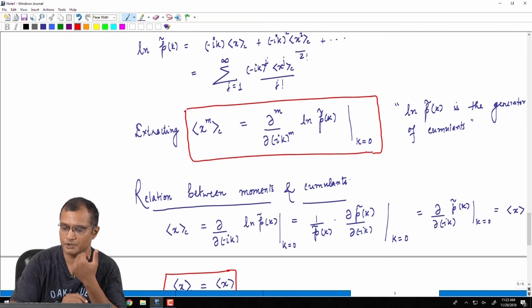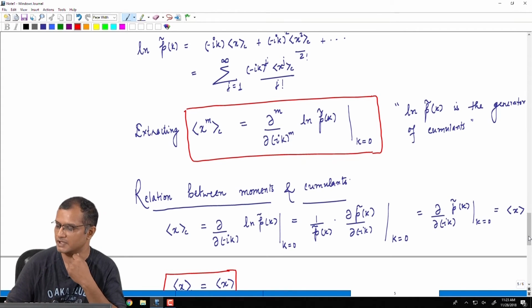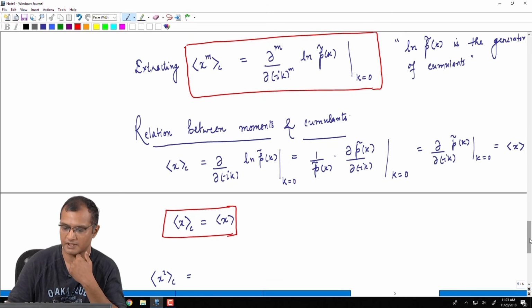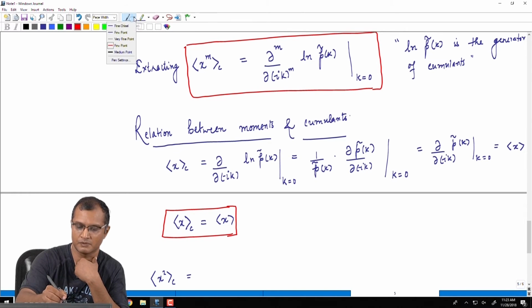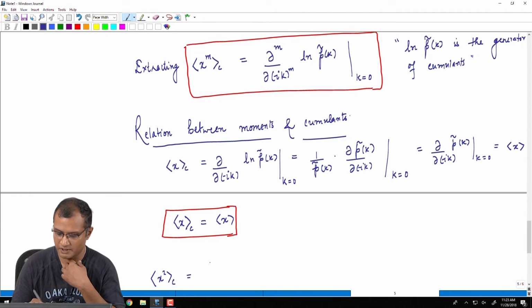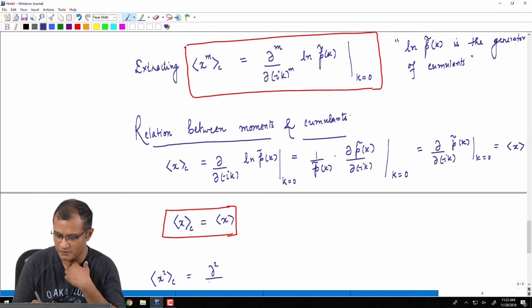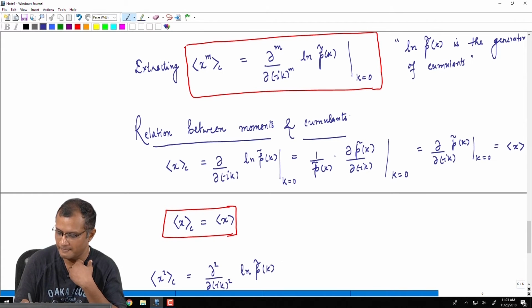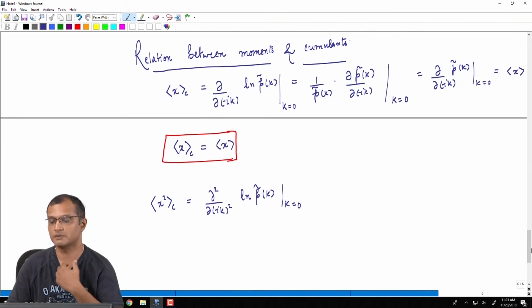So, if you put m equal to 2 here, you get the definition of the second cumulant. Let us use this definition to our advantage. So, we can write this as d square by d(minus ik) the whole square of ln of p of k at k equals 0. Let us find this out.